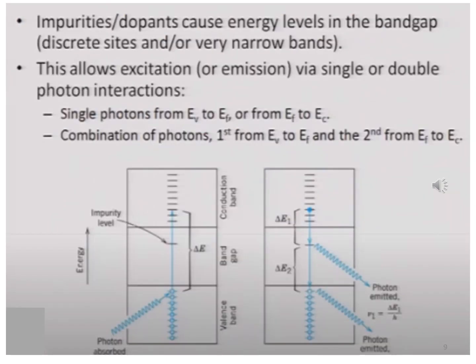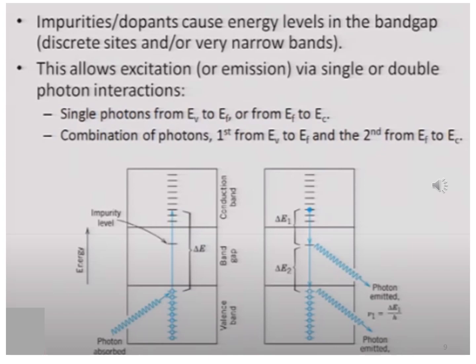Now, other than the valence band and conduction band, if you add impurities or dopants, then what happens? In this figure you can see a valence band and conduction band, and there is a large difference between both bands. If you add impurity, then you can get some energy levels which are discrete.